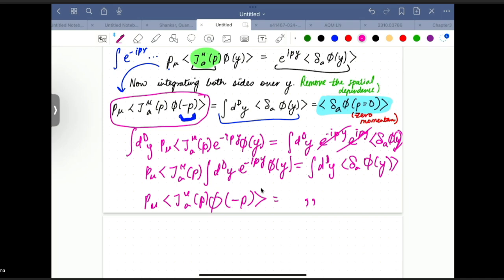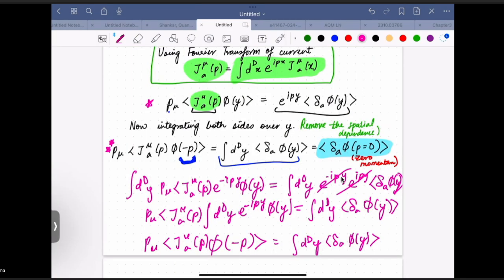And for the RHS, looking at this bit over here, this is just the integral over all spacetime points of the transformation dA phi of y, this bit, right?